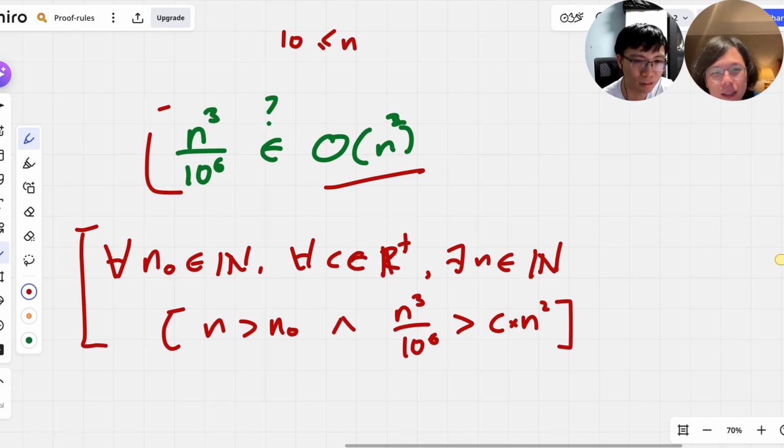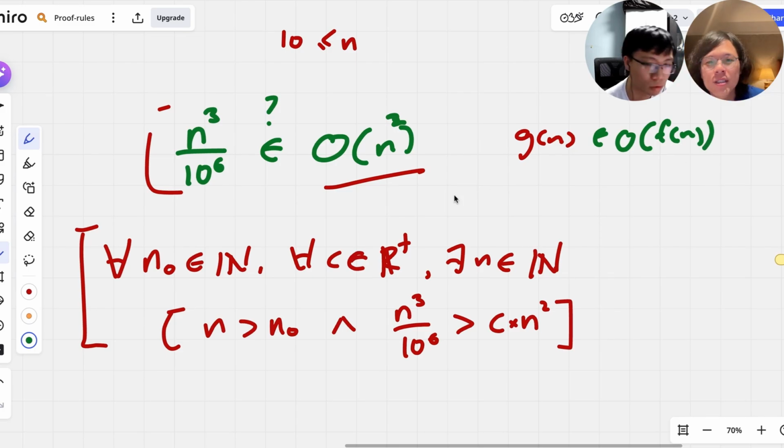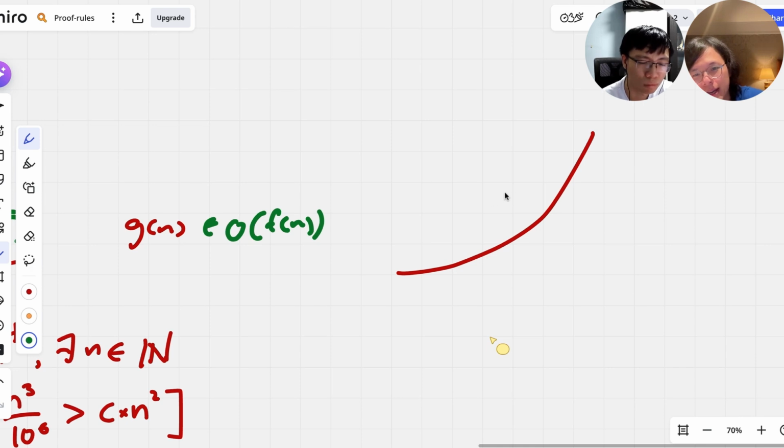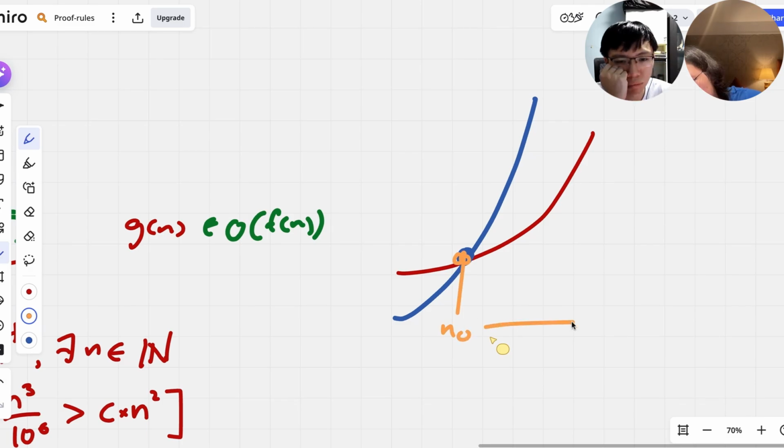If g(n) really is in O of f(n), then the intuition is that g(n) as a curve, let me use blue, is at most, eventually at some point, let's call this point n0, from n0 onwards, some constant multiplied by f(n).